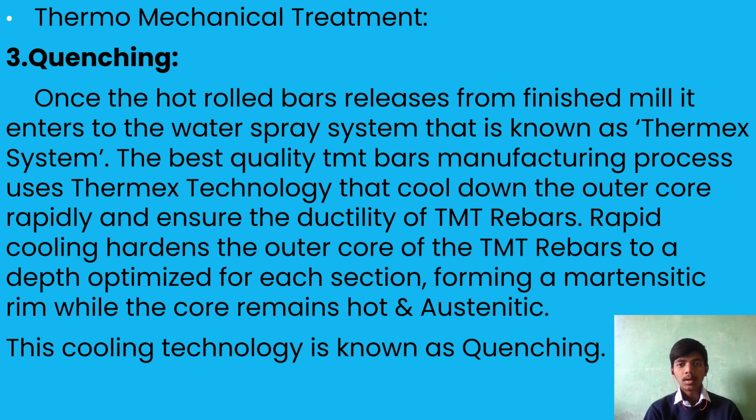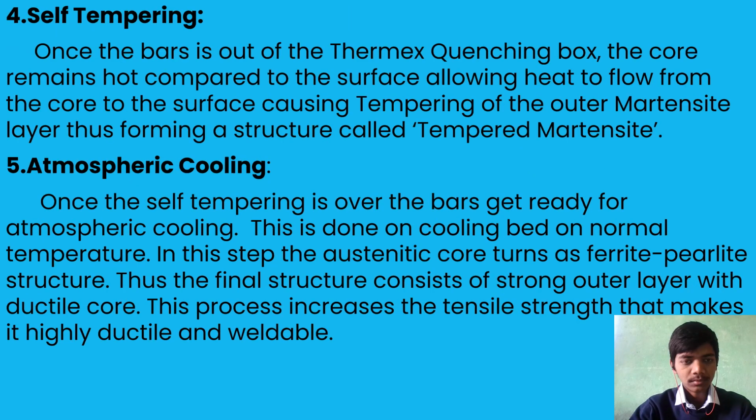But in this case, the inner core is not cooled by the quenching, and it is a rapid cooling process. Now we see the last two treatments from thermomechanical treatment, which are self-tempering and atmospheric cooling.